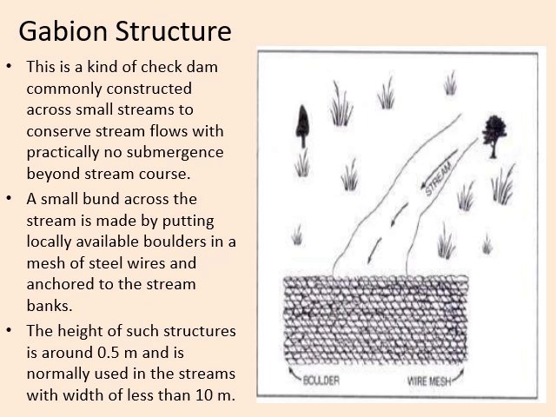The height of this structure is around 0.5 meter and it is normally used in streams with width less than 10 meter. If the width is greater than 10 meter, then the structure will not be suitable because the flow of the stream will be more. So it is named as gabion.